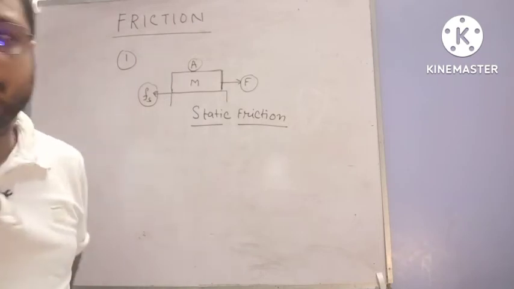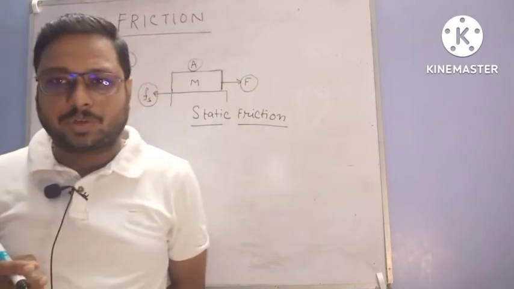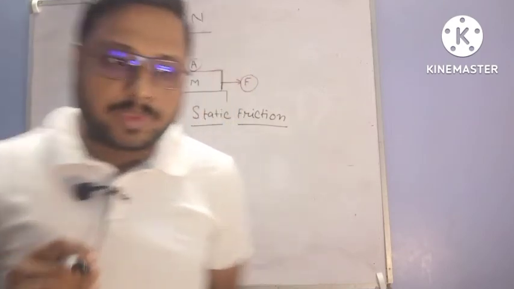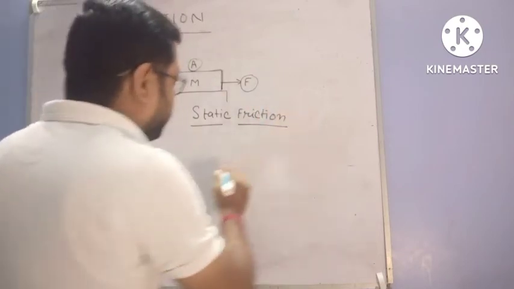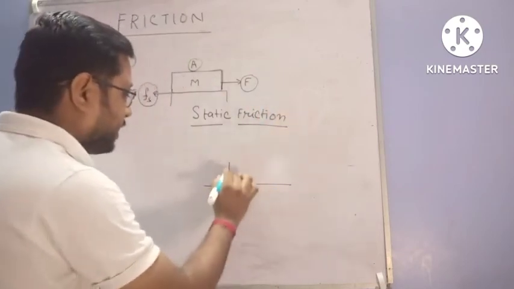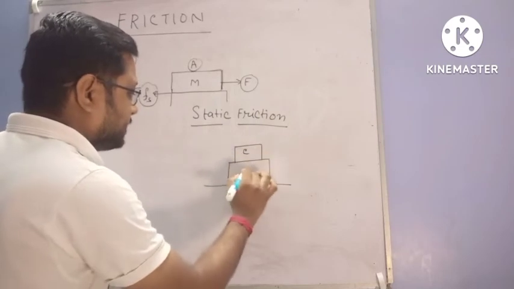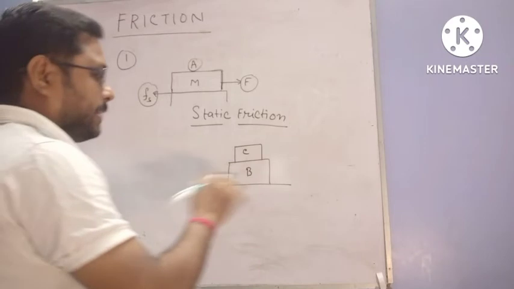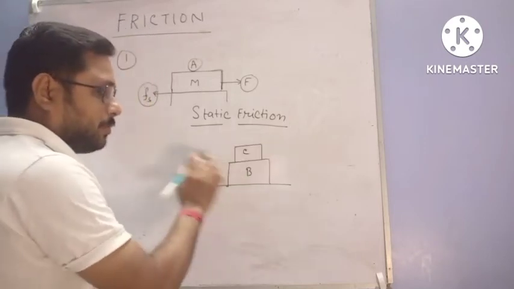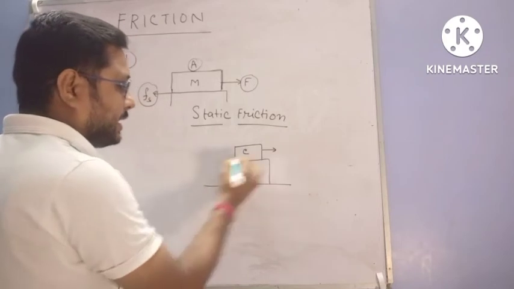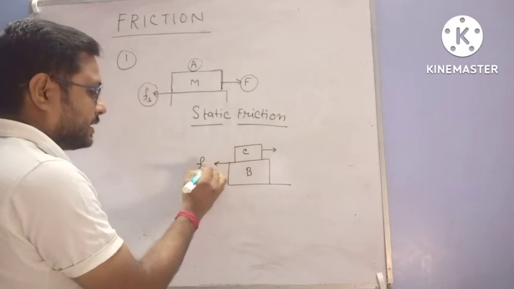There is another type of friction which is called motional friction or kinetic friction. If there are two blocks, B and C, with C placed on B, and we slide C on B in this direction, then the friction force arises in the opposite direction.